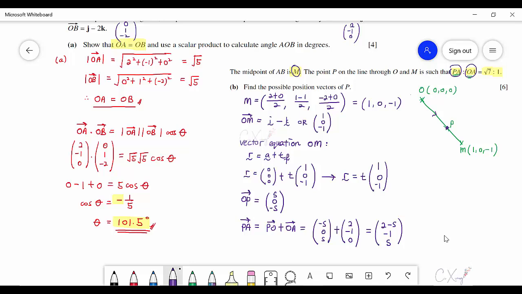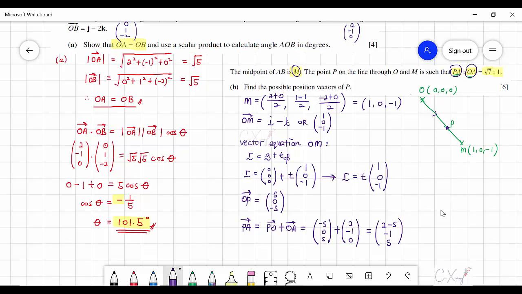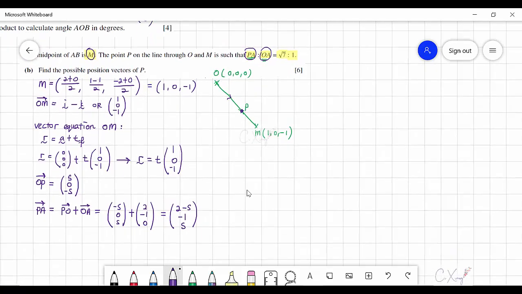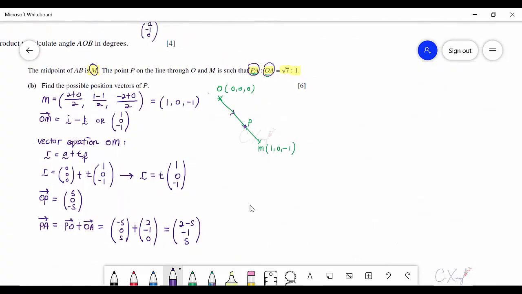Okay, now we want to focus on the information here. The ratio of PA to OA is equal to square root 7 to 1. I will write it in fraction form. PA to OA is equal to square root 7 over 1.